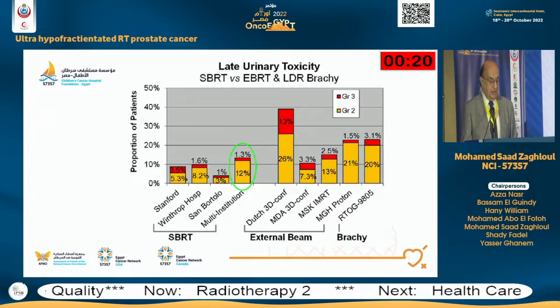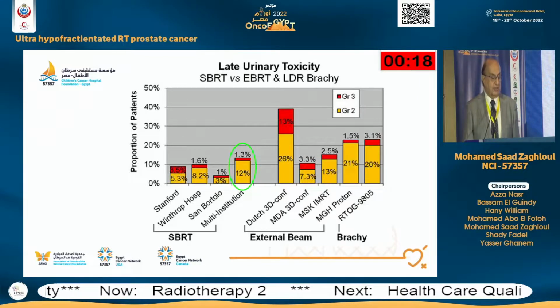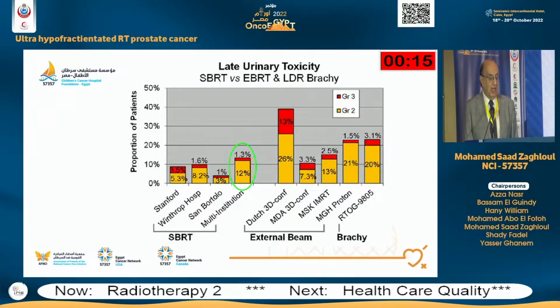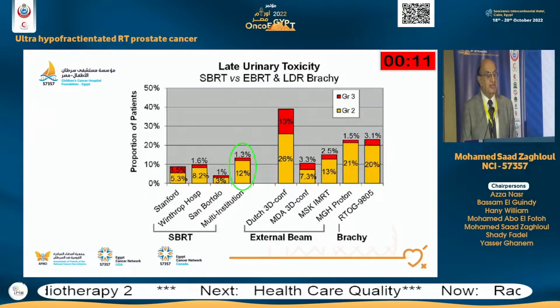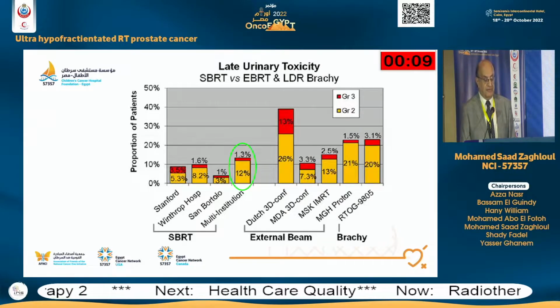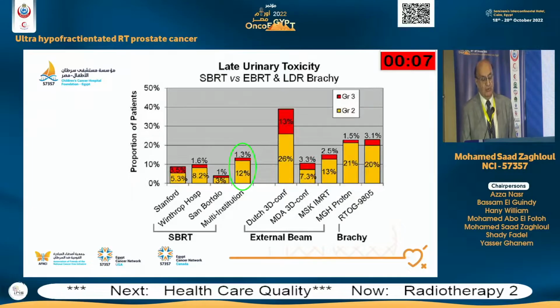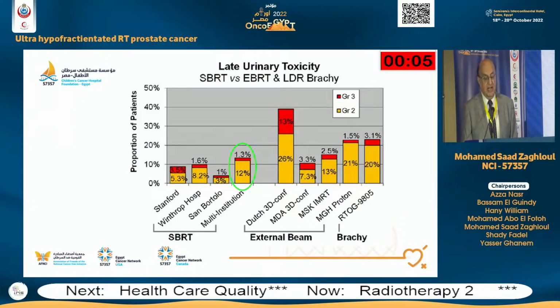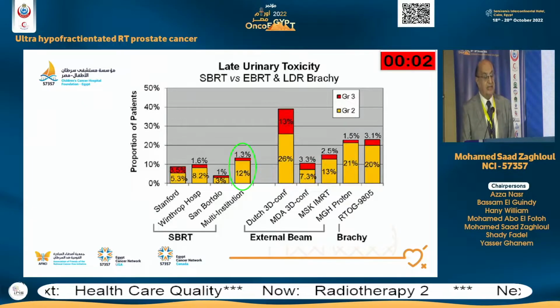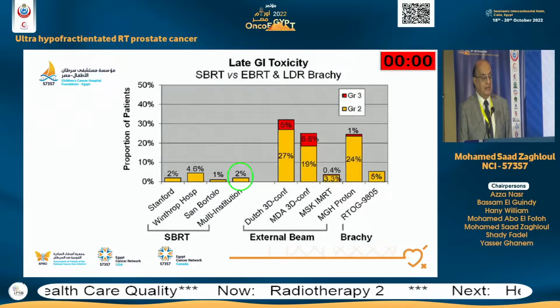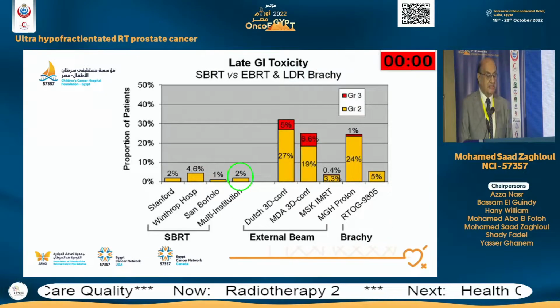And you can see on the left-hand side, the urinary toxicity is much less than that of the external beam radiotherapy, as well as much less than the brachytherapy. The late GI toxicity is the same.